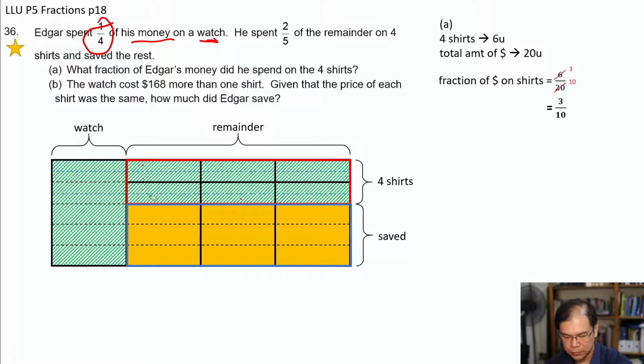You must be thinking, what am I saying? Okay, so 1, 2, 3. This is for one shirt. 1, 2, 3. This is for the second shirt. 1, 2, 3. This is for the third shirt. Every 3 of these small units is for one shirt.